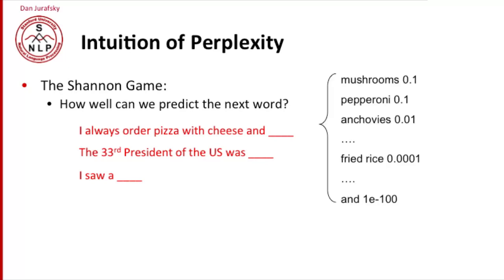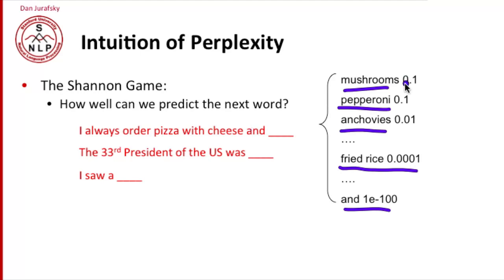So from this first sentence, we might say, well, a good language model might guess that we are likely to have mushrooms and likely to have pepperoni and maybe less likely to have anchovies because anchovies are somewhat less popular than mushrooms, and very unlikely to put fried rice on our pizza, and extremely unlikely, let's say, to have and, although people, I guess, do say and after the word and.